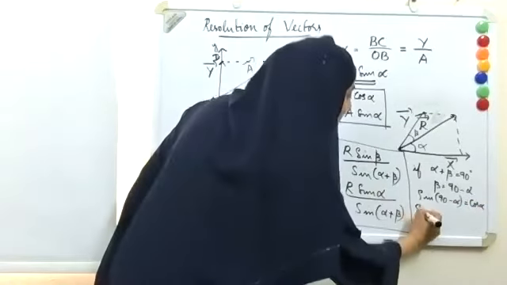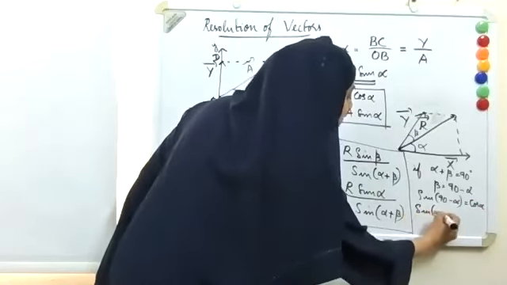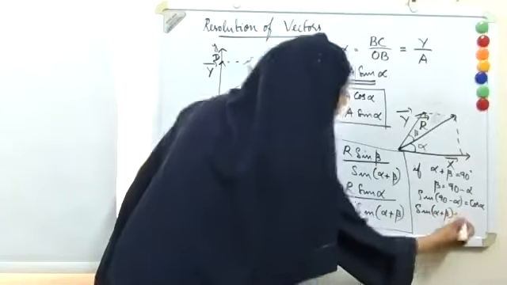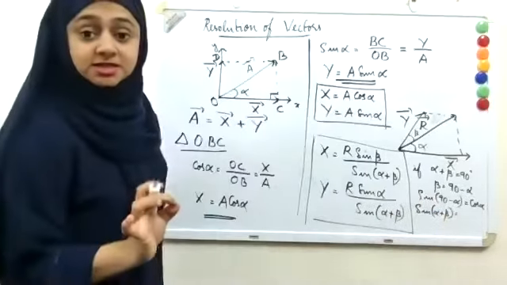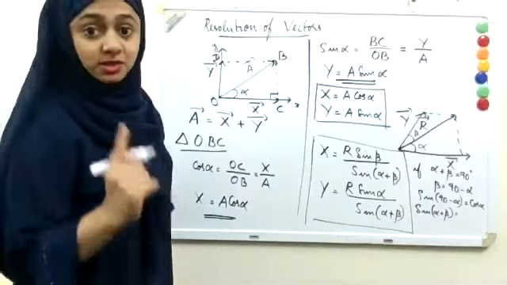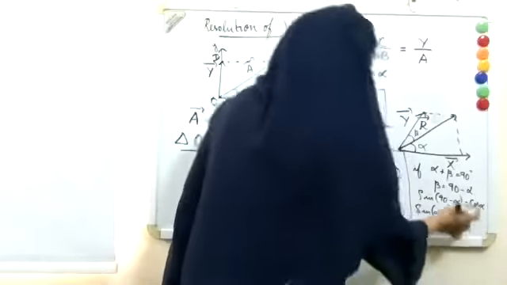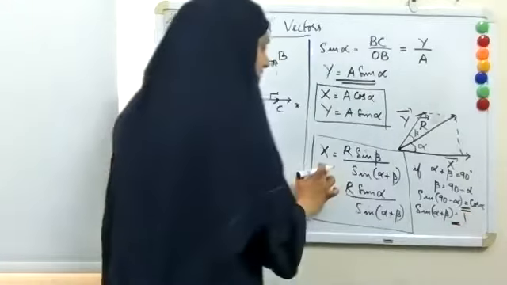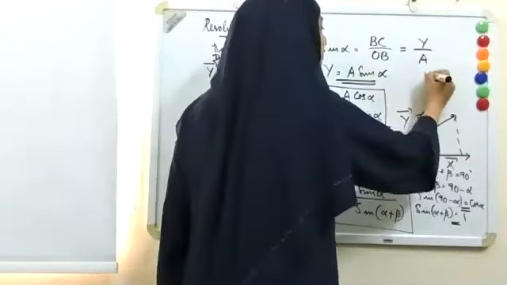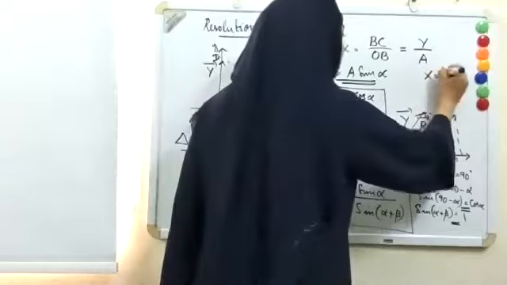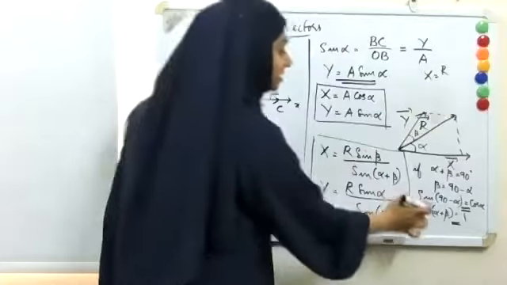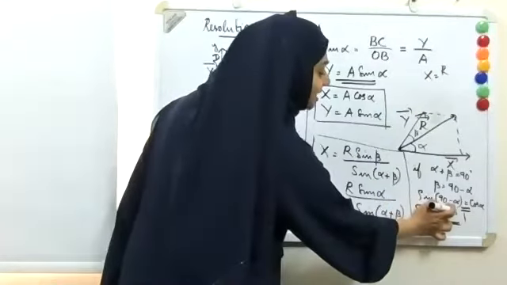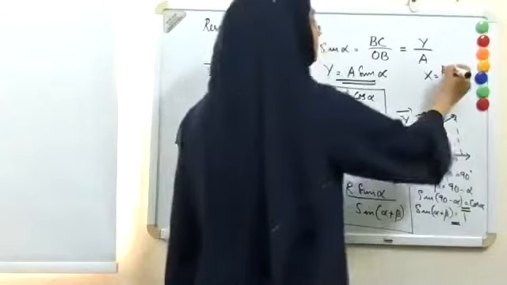And what is sine of alpha plus beta? Alpha plus beta is 90 degrees, so sine 90 is 1, right? Now, if you consider these two expressions, let us see what x will become. X will become equal to r, and instead of sine beta, that is sine of 90 minus alpha, you have cos alpha.